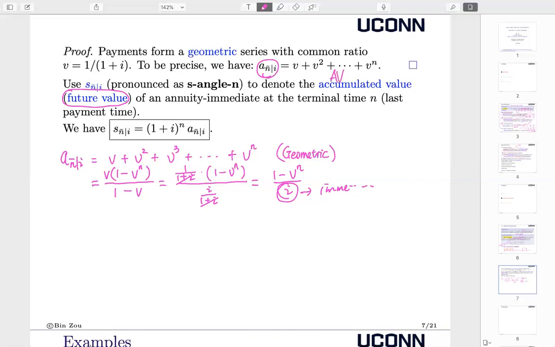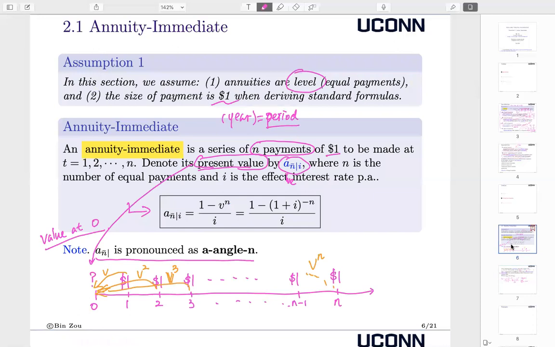We use AV in this textbook, but it is equally common, actually more common, for people to use future value, FV. So if I go back to my graph, A angle N is the value at 0. What if I want to know the value at N? That is the accumulated value or the future value.